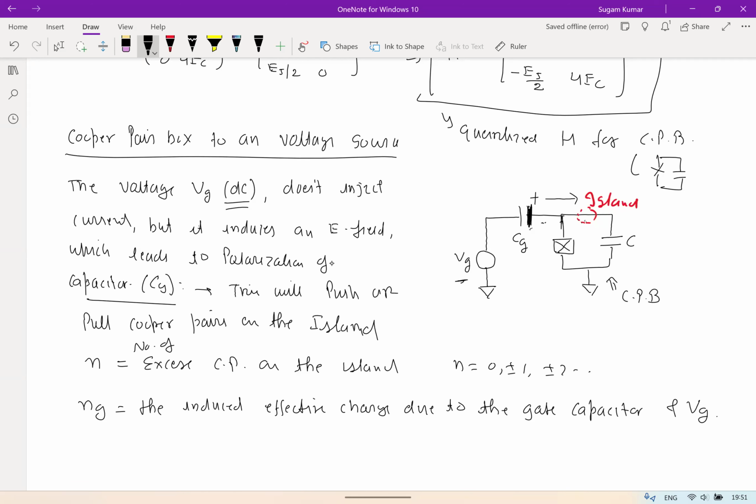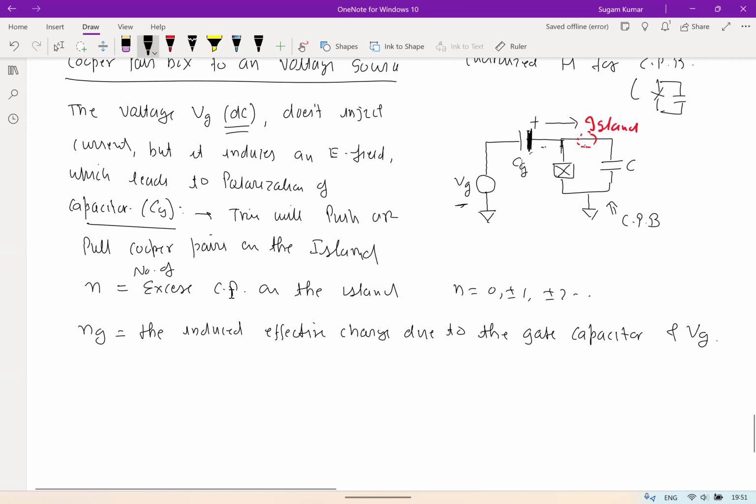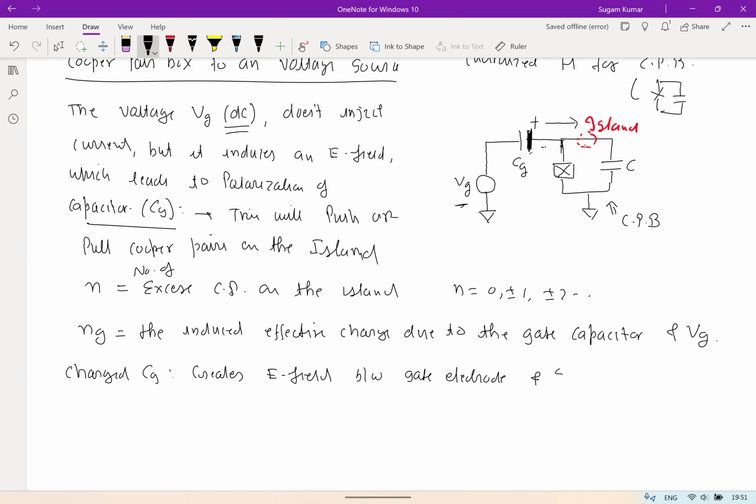So I think you can write down, then you will remember for a long time: charged CG creates electric field between gate electrode and island.